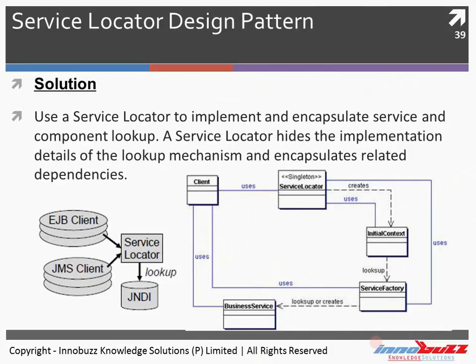Use service locator to implement and encapsulate service and component lookup. So here you have a service locator which will hide the implementation details of your lookup mechanism and encapsulate related dependencies. So here service locator will be an interface class which will give you just a brief of your invocation to JNDI, and it will be a great lookup for your JNDI by hiding the actual implementation of your JNDI.